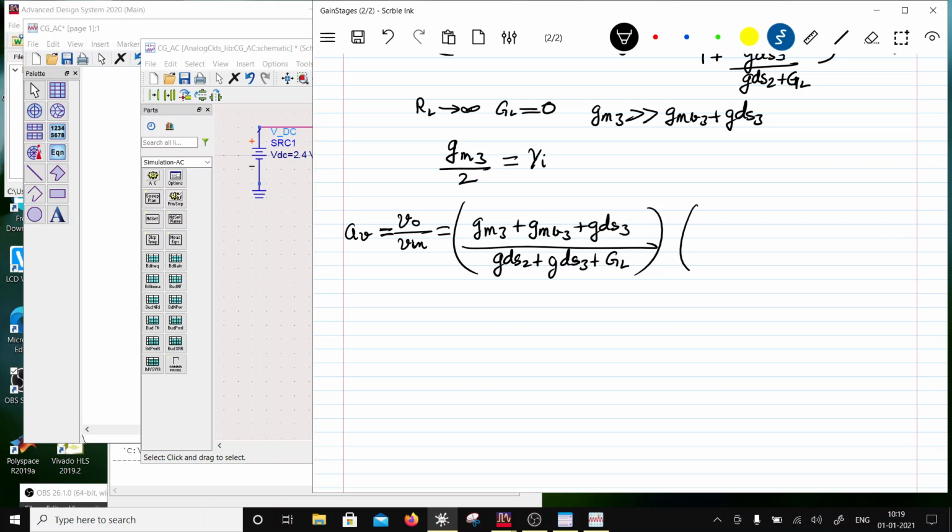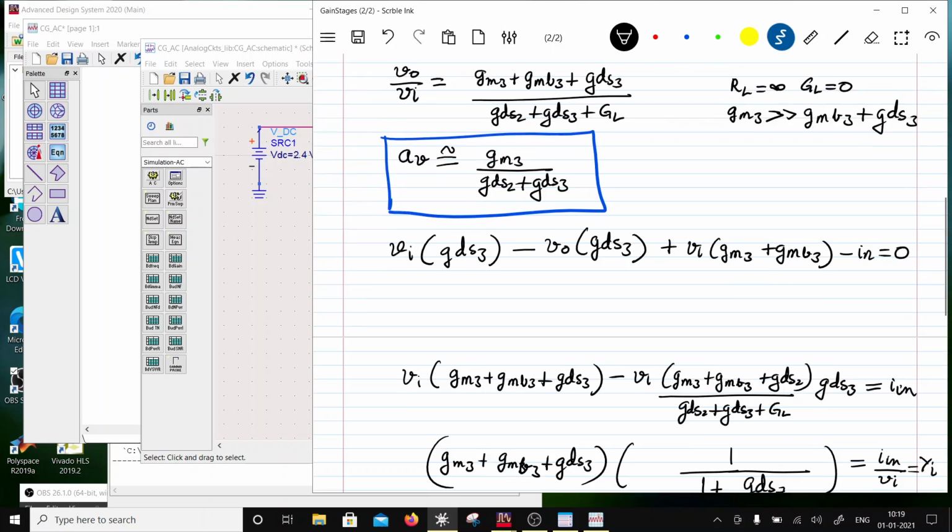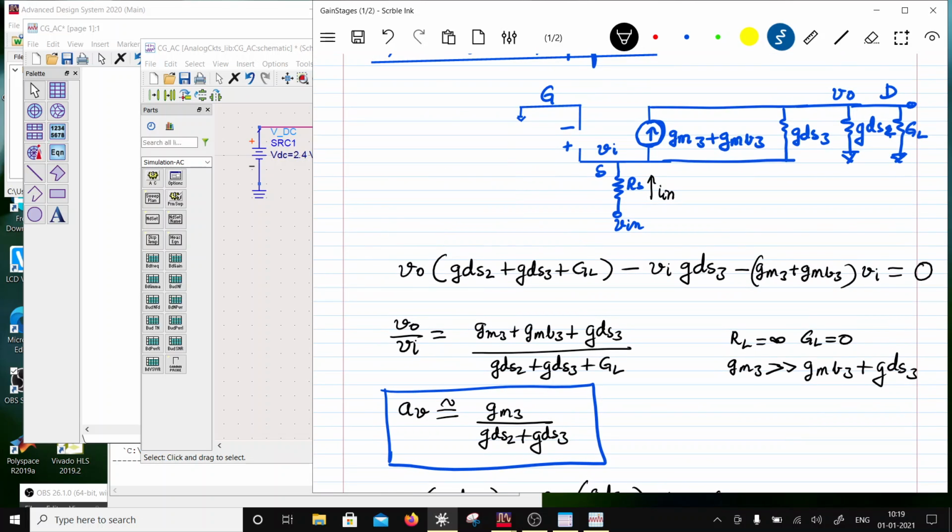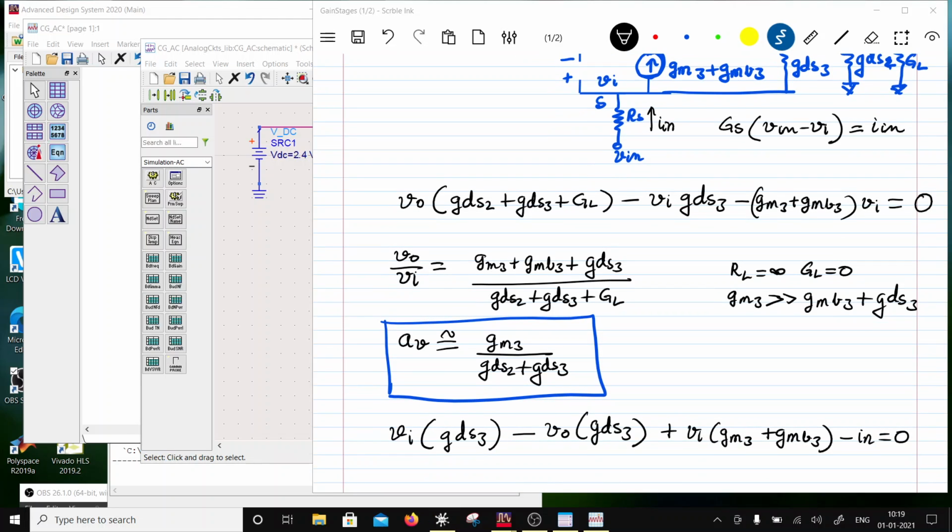At the input I can say GS times of voltage across it, which is VIN minus VI, will be equal to the current I in. So I will be left with VIN by VI is equal to GS by GS plus YI.